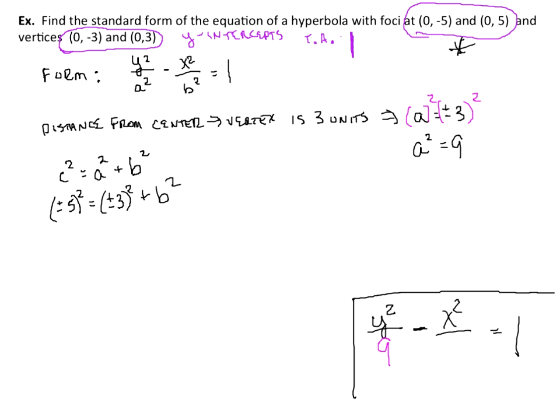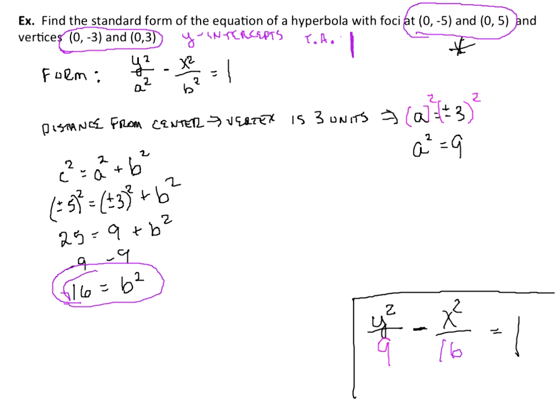So we'll solve for b this time. 25 equals 9 plus b squared. Subtract 9 from both sides. And we get a nice, neat 16 equals b squared. Now we could go further and talk about what b is, but that's the important part that we need. B squared is 16.